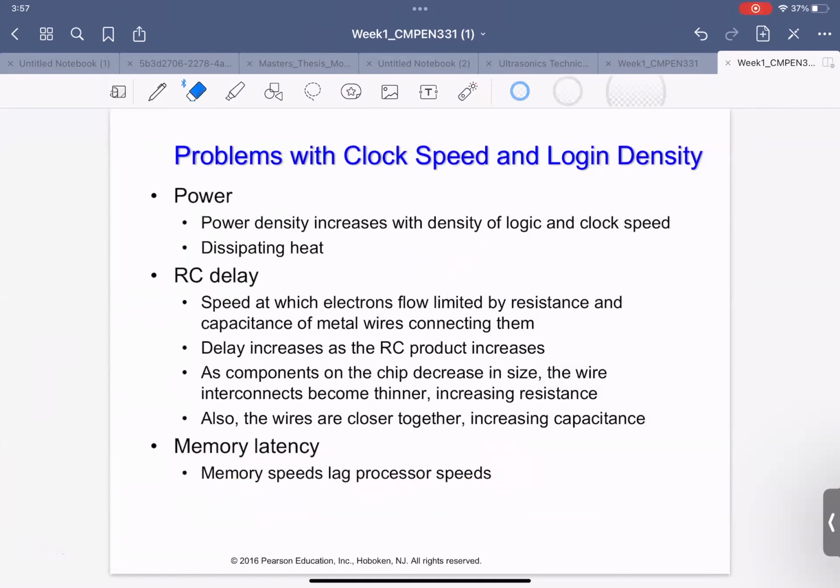So this means that if we have more logic and higher clock speed, then we'll have higher power. This means we will have more heat and more power. That's of course a big problem, because this will dissipate heat and it might burn the CPU, or at the very end you might need to add fans to cool it down, or another technology.